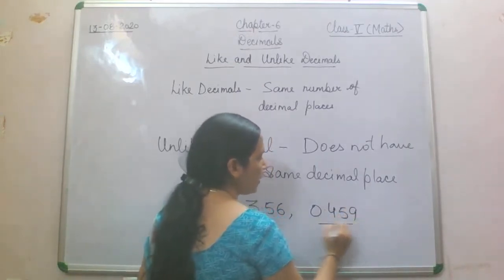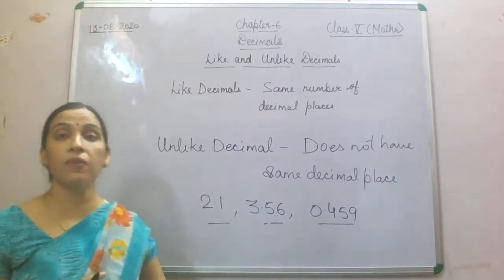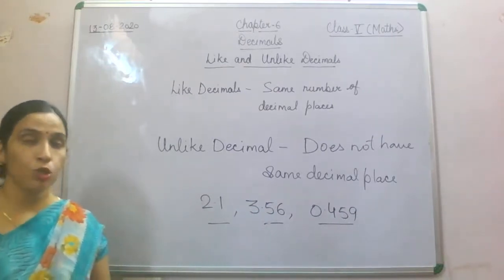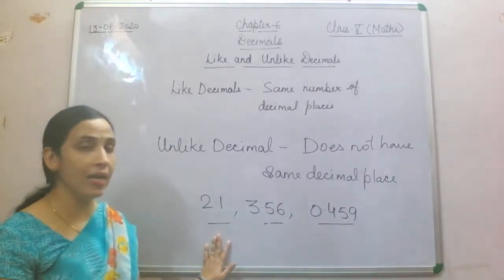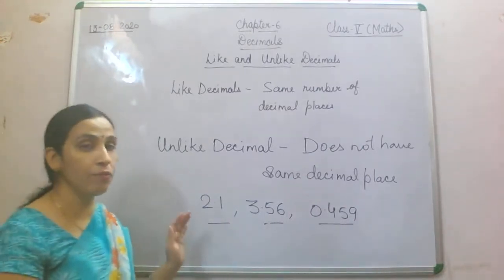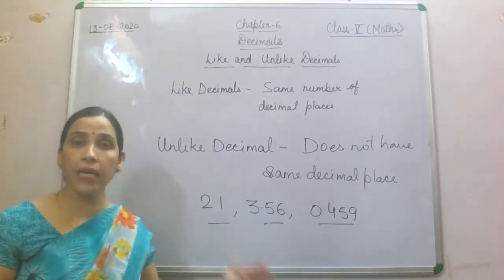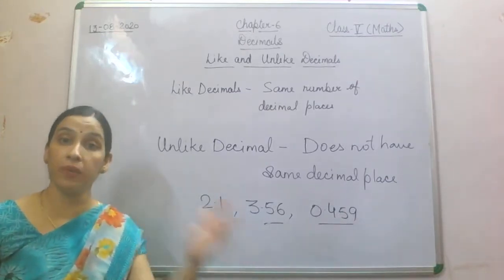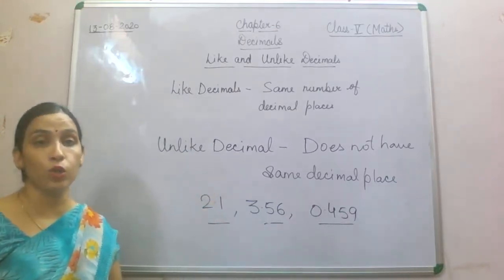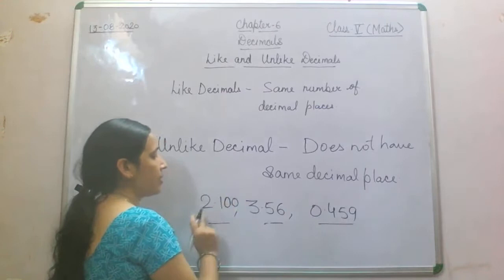You can see that all these three numbers have different decimal places, so we call them unlike decimals. If you have to make a group of unlike decimals into like decimals, yes, you can make them like decimals also. How? By adding 0 behind the decimal number.